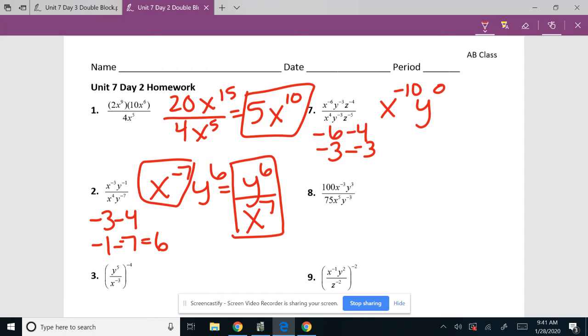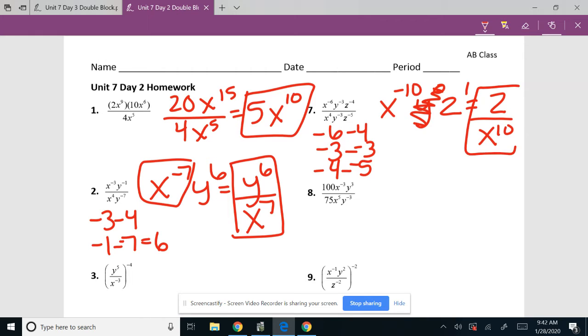That gives me 0. But we just talked about it today. Anything that gives you 0 gets crossed out because it's not there anymore. We do the z, -4 minus the -5. That gives me a 1. The only person who's negative is the x, so that's who's going to get brought down to the bottom. So z, x, 10. All right, let us set up number 8.